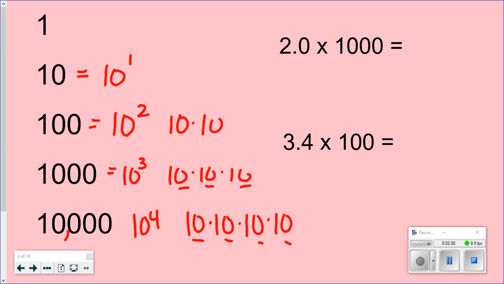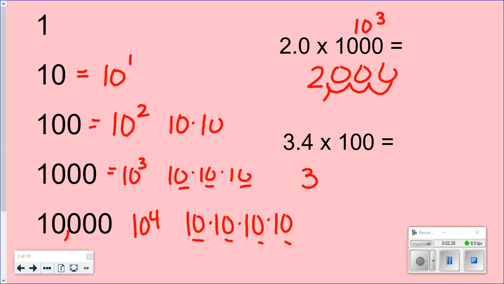So if I look over here, what this really says is 2 times 10 to the third power, and that's maybe how you would see it. So 10 to the third power is 1,000. Now, like I said before, the really easy way to think about it is however many zeros you have, that's how many times you're going to move your decimal. So 2 times 1,000 would be 1, 2, 3, 2,000.